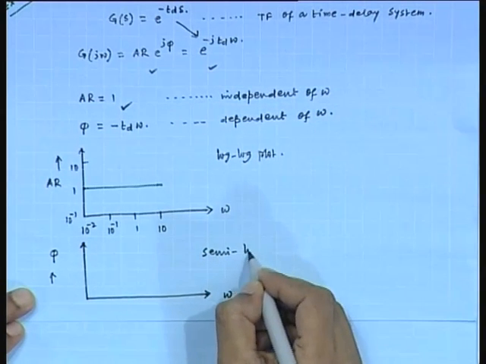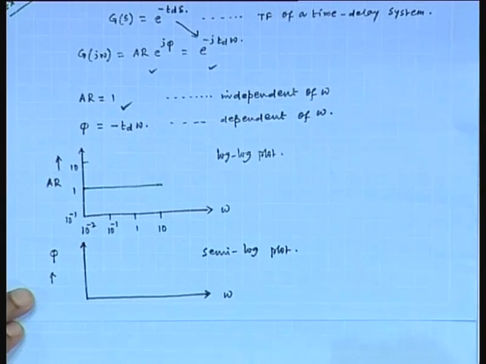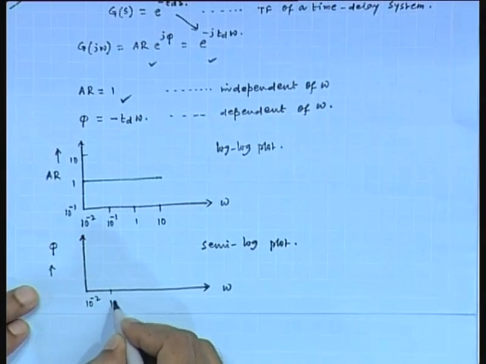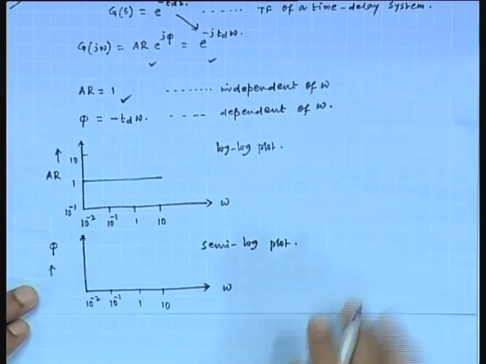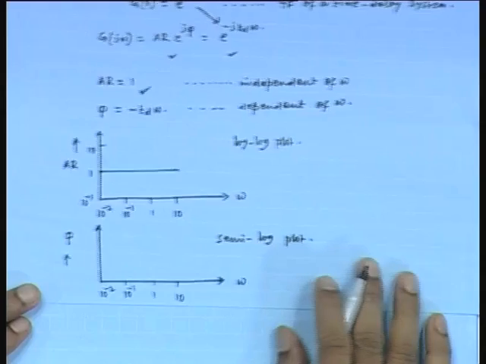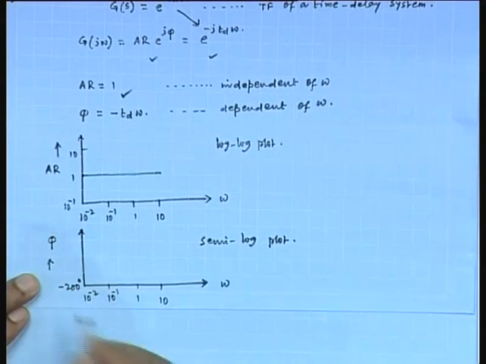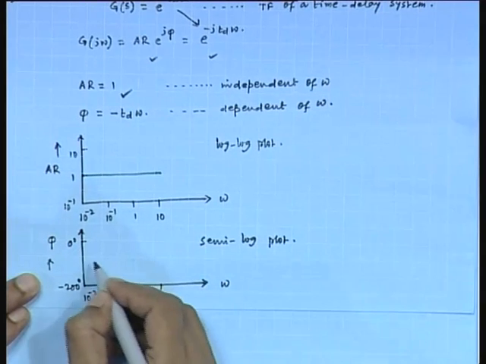As usual, this is the semi-log plot, and for the phi we consider from minus 200 degree to say 0 degree.